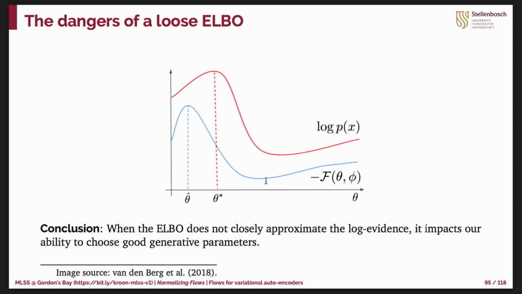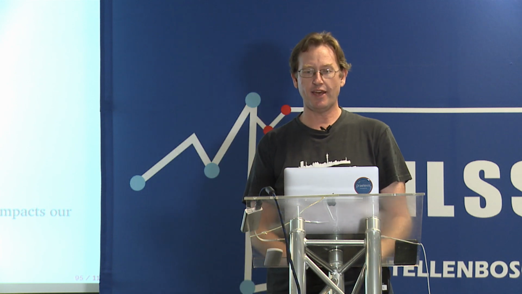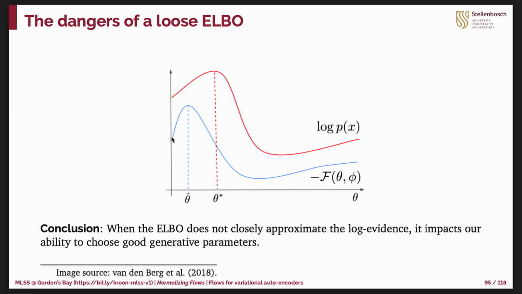Okay, and this is an illustrative diagram, and it's showing that there's some true log marginal likelihood, and what we would like to do for a fixed value of the variational parameters is find the optimum value of the red curve. Okay, but what we actually do is we take the ELBO, which is diagrammatically represented by the blue curve here, and we try and find the theta that optimizes that. Okay?